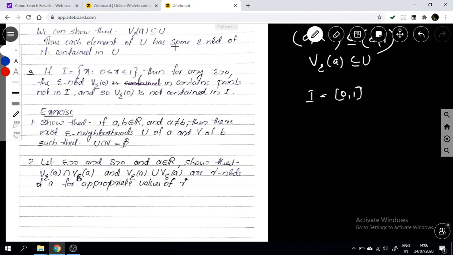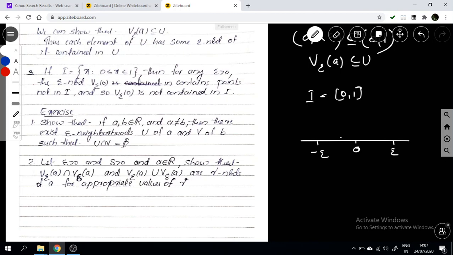Now let us see whether the closed interval 0, 1 satisfies the same property we stated for the open interval 0, 1. It will not satisfy, because consider the epsilon neighborhood of 0. The epsilon neighborhood of 0 goes epsilon distance forward and epsilon distance backward from 0. That means every epsilon neighborhood of 0 includes both positive and negative numbers.